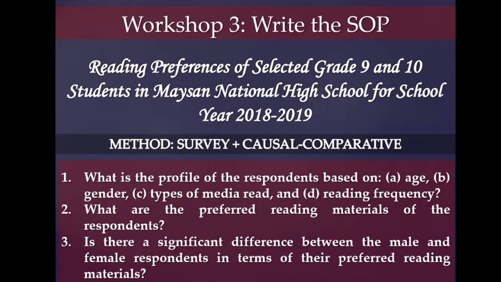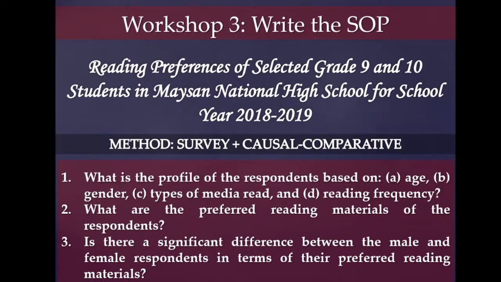Now, you might be asking me, sir, a while ago you said that the first research question must be based on the first variable stated in the title. All right, so in every rule, there is always an exception. And one of the exceptions is the title with the method descriptive survey.